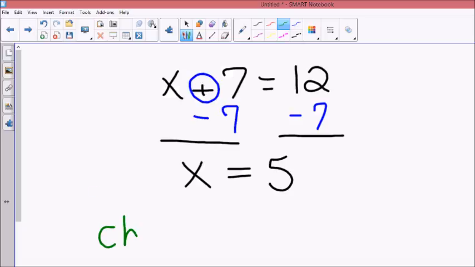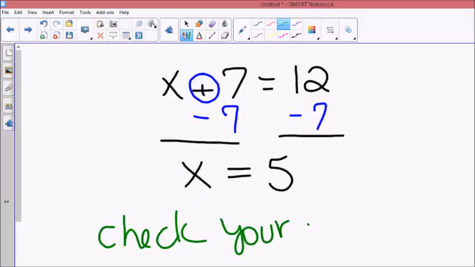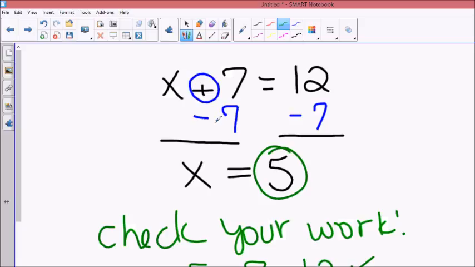Now the nice thing is we can check our work by plugging in the solution we got, the 5, into the original equation and making sure that the statement is true. 5 plus 7 is 12. We know that 5 is actually the solution to that equation.